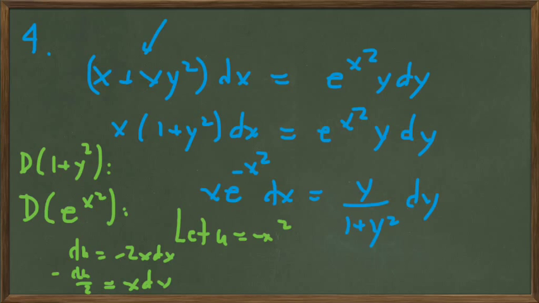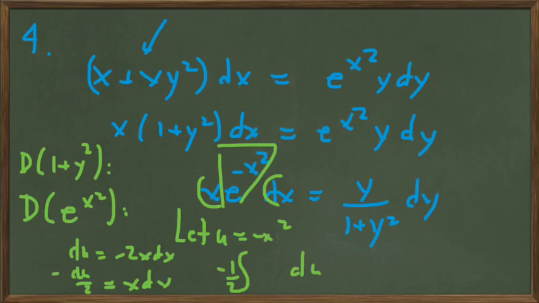So setting it up as a u du integral, x dx is minus du over 2, and e to the minus x squared is e to the u.